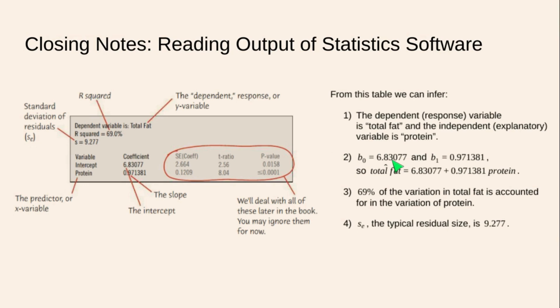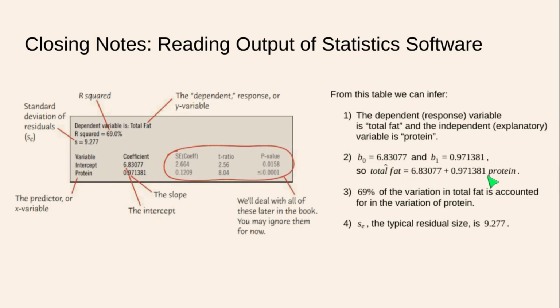B sub 0 is a y-intercept in the slope intercept form that is the regression line. So it is not surprising that we see it next to intercept. And then b sub 1 is going to be across from protein. Okay, so this b sub 1 right here, that's how we get that number. And then we can conveniently plug it into a regression line.